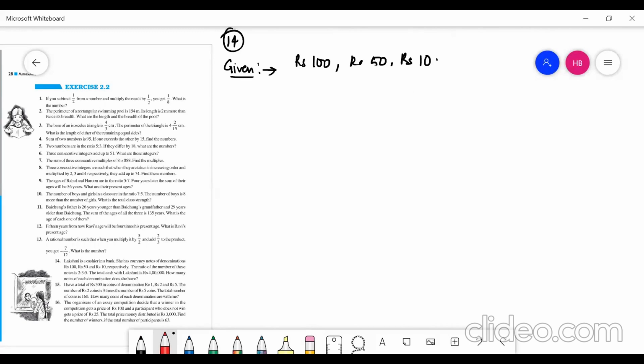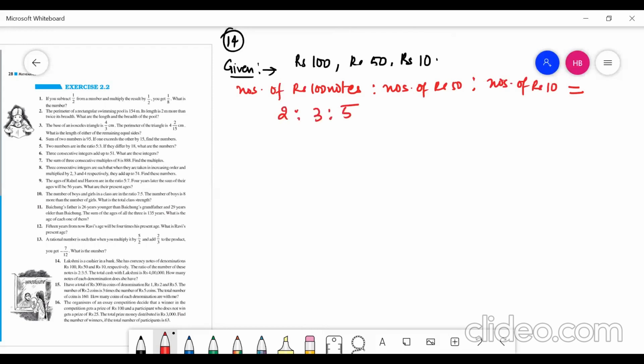So the number of rupees 100 notes is to the number of rupees 50 notes is to the number of rupees 10 notes, their ratio is 2 is to 3 is to 5.